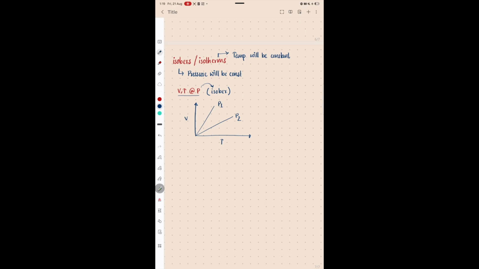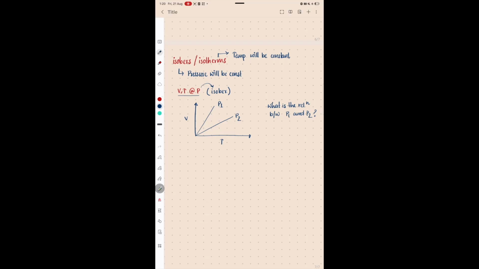Now, can you tell me what is the relationship between P1 and P2, right?